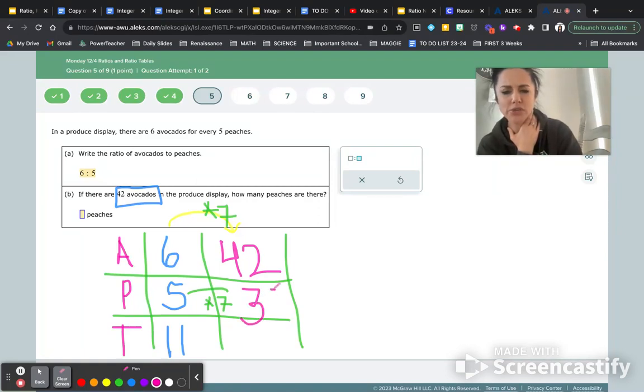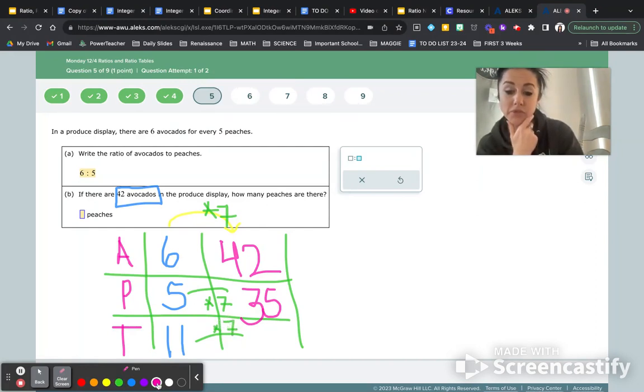Whee! Do you know how many pieces of produce that would be total? If I took avocados multiplied by 7 and peaches multiplied by 7, that means my total amount is also 7 times greater. So I'm going to do that just to get you guys in the habit of doing it.